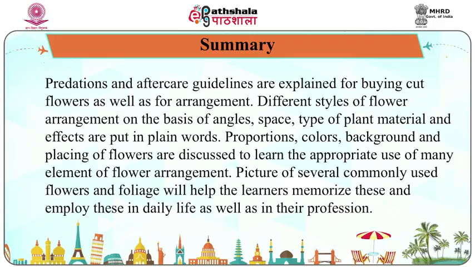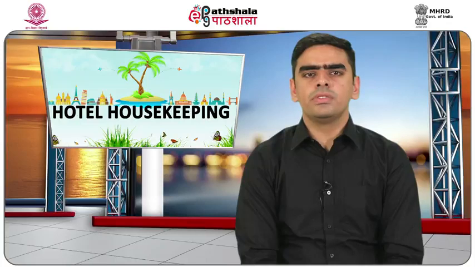Proportions, colors, background and placing of flowers are discussed to learn the appropriate use of many elements of flower arrangement. Pictures of several commonly used flowers and foliage will help the learners memorize these and employ these in daily life as well as in their profession.